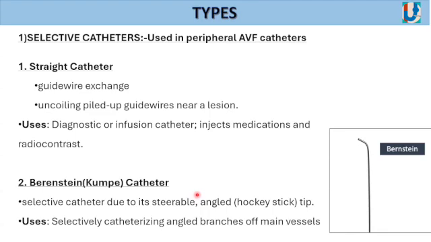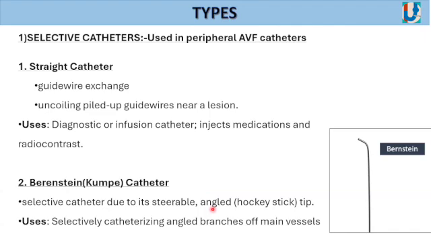Coming to angled catheter. I told you which are the angled catheters? Bernstein catheter. And in cardiology labs, this is the angled catheter, which is known as JR. JR, I would not classify as completely angled or curved because it has a secondary curve also. It looks somewhat like a Cobra catheter.